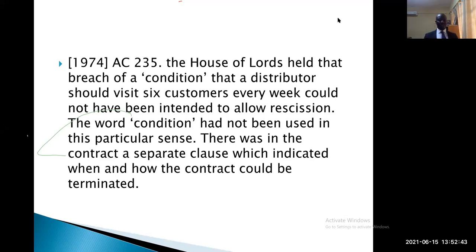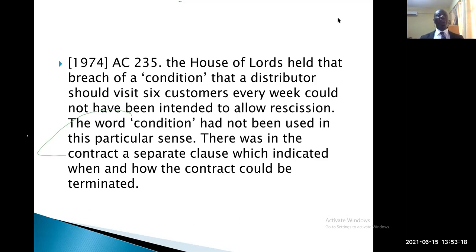Now, the court came to the conclusion that the word condition, which the parties had ascribed to that particular clause, should not be taken in the strict sense or in its ordinary meaning as a condition as opposed to a warranty. Because in the relevant contract, there was a separate clause which indicated when the contract could be terminated.